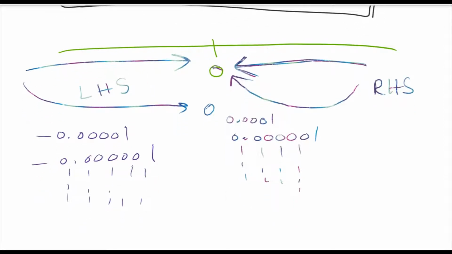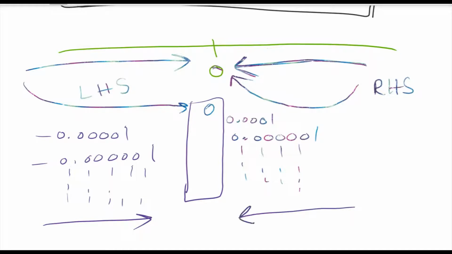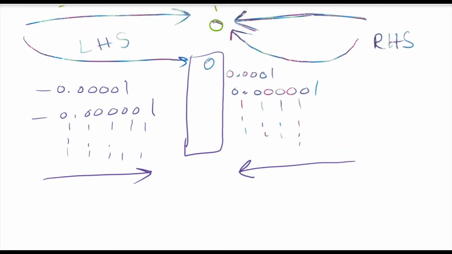Whatever value of limit I get while approaching from the left hand side and from the right hand side, they should be equal. Then only can we say that the limit exists. That is why we have two limits, left hand limit and right hand limit.